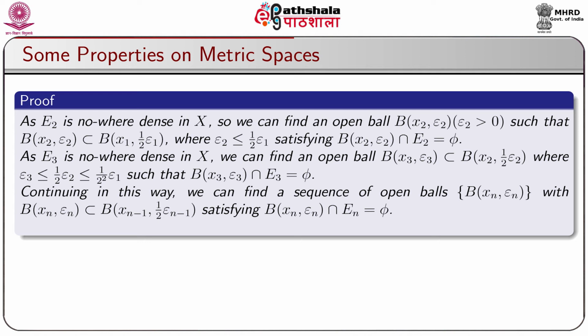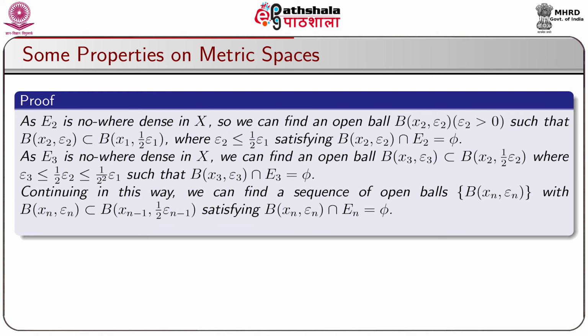As E3 is nowhere dense in X, we can find an open ball B(x3, epsilon 3) subset of B(x2, half epsilon 2), where epsilon 3 is less than or equal to half epsilon 2, less than or equal to 1 by 2 square epsilon 1, such that B(x3, epsilon 3) intersection E3 is empty.